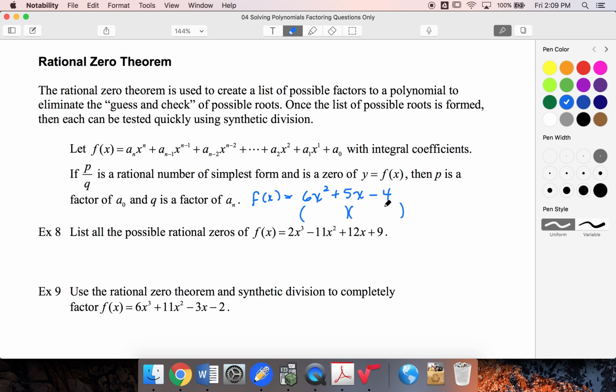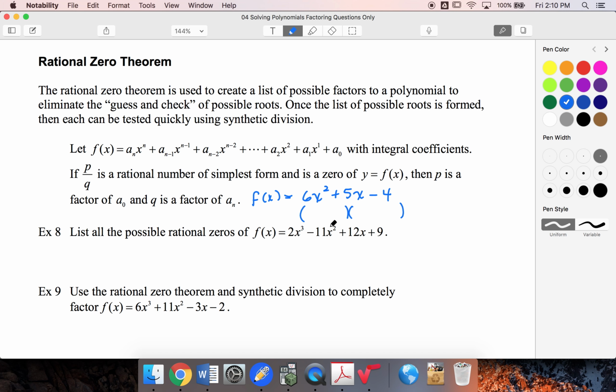My last two numbers are going to have to make -4. Well, the only possible integers that I could come up with to make 6 are either going to be 6 and 1 or 3 and 2. To get 4, I'm either going to have -4, +1, +4, -1, -2, +2, +2, -2.